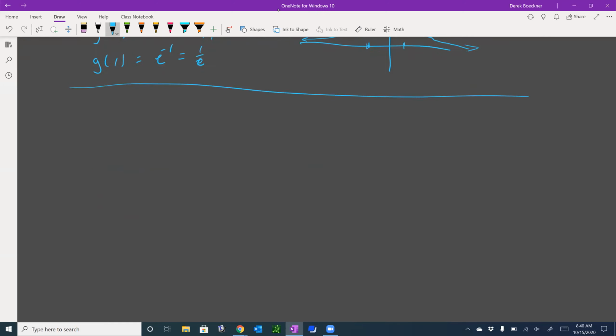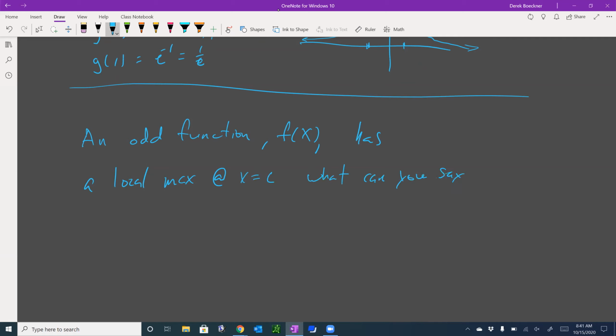You guys remember odd and even functions? So you get an odd function, f of x, that has a local maximum at x equals c.